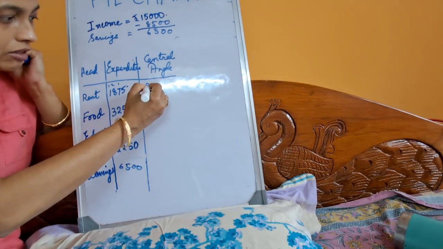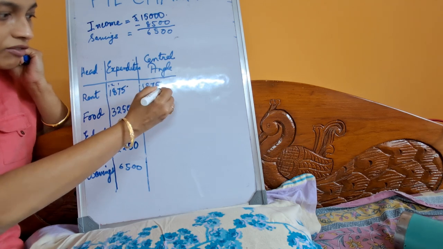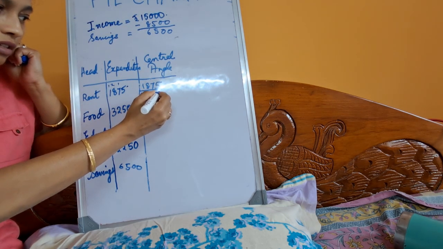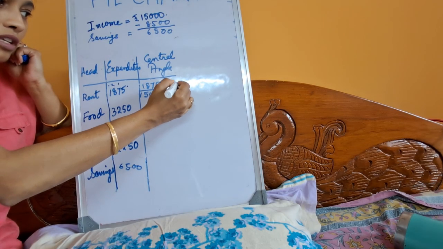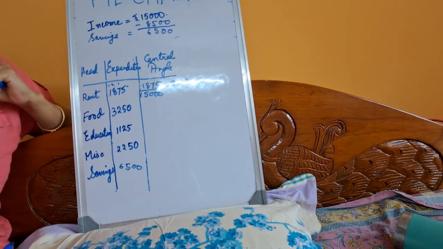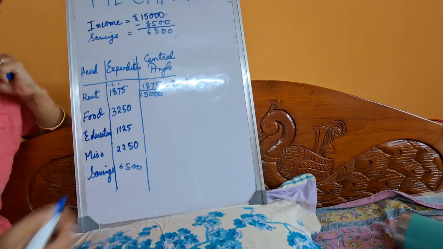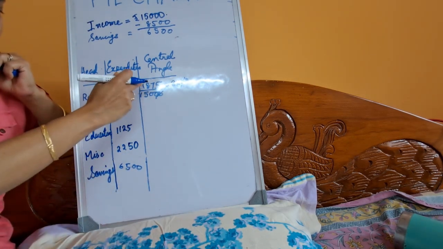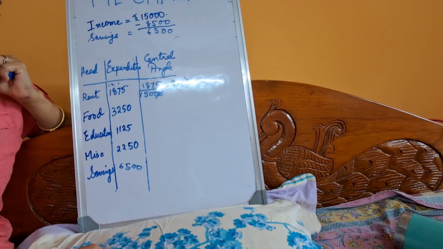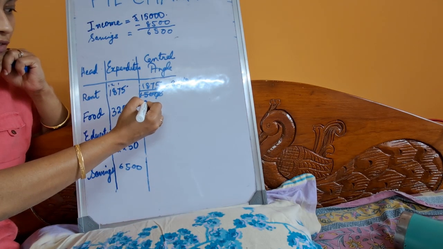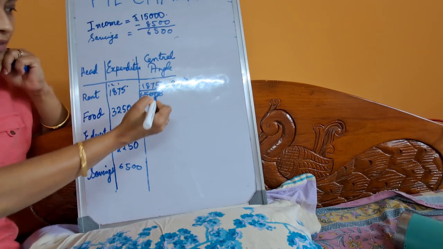So same calculation, 1875 out of how much? The total income is 15,000. So how much out of 360 degree? This has a bit of calculation. Cut the zeros. Both of them are divisible by 25, right? So 150, 25 goes 6 times, so 60.